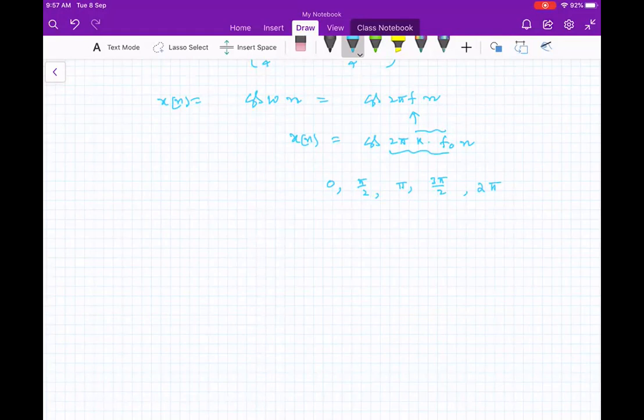If omega takes any of these values, to plot x of n equals cos omega n, which is high frequency and which is low frequency here?